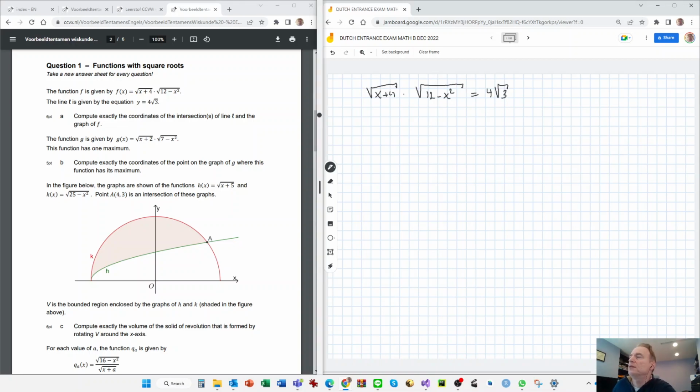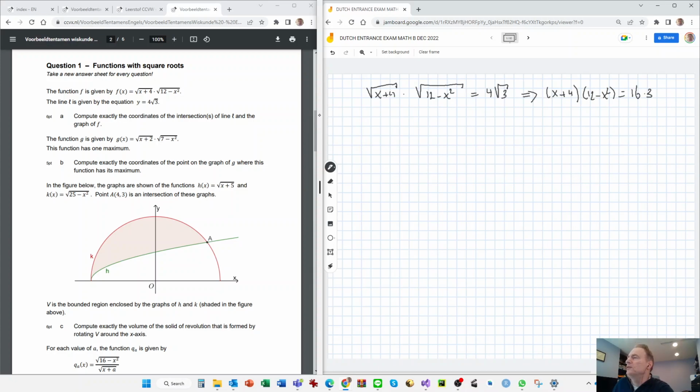Obviously we can square it, and in this direction we then have that this is 16 times 3.